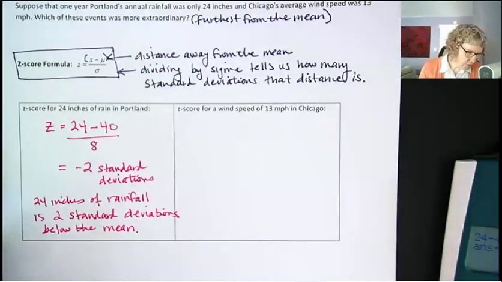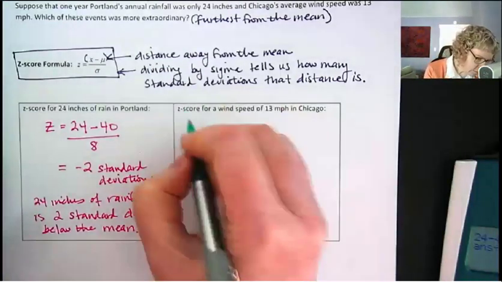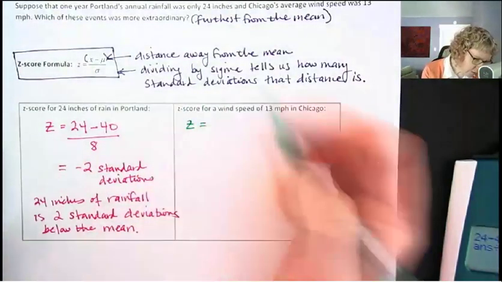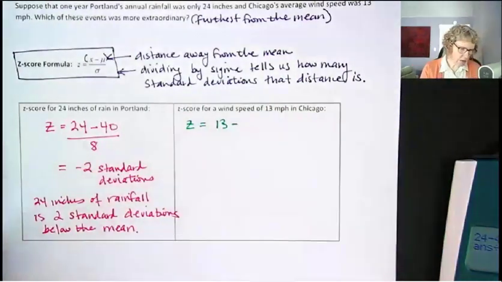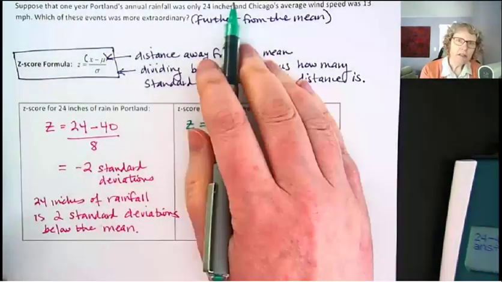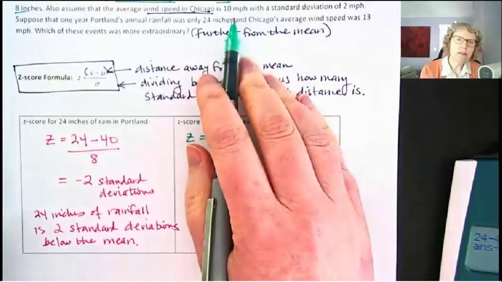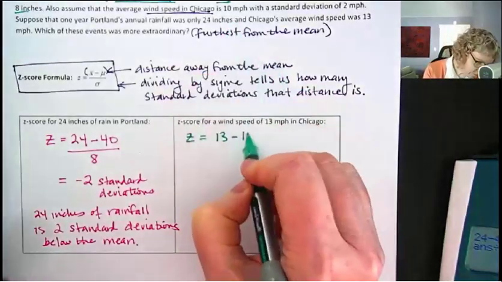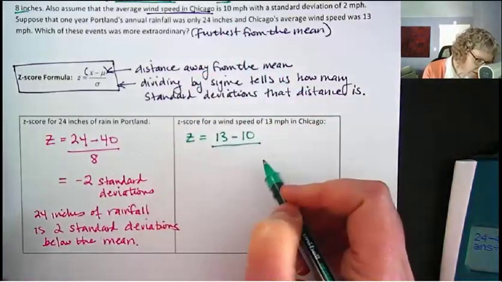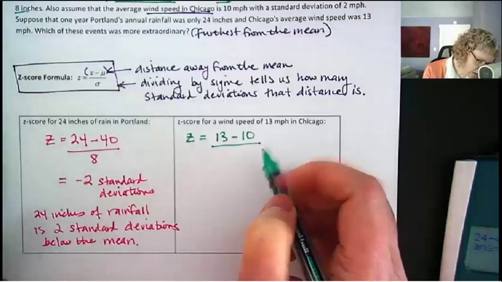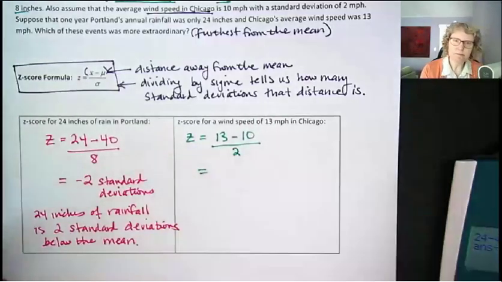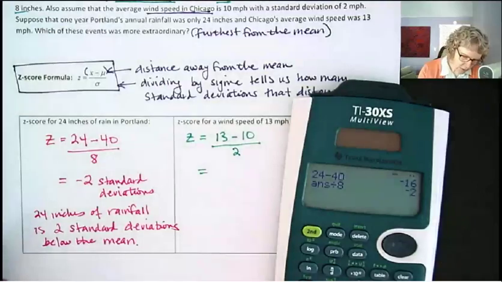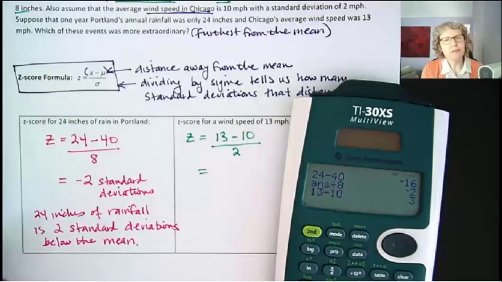So let's do the wind speed for Chicago. That was 13 miles per hour. Our mean is 10. And our standard deviation is 2 miles per hour. 13 minus 10, so that's going to be 3 above this time. That's why the order of the subtraction is really important, because it tells you positive is above and negative is below.